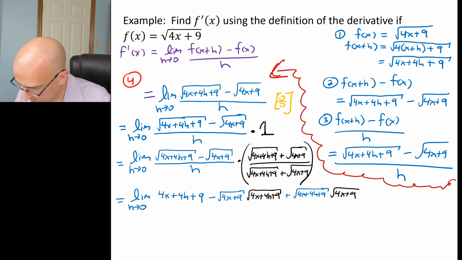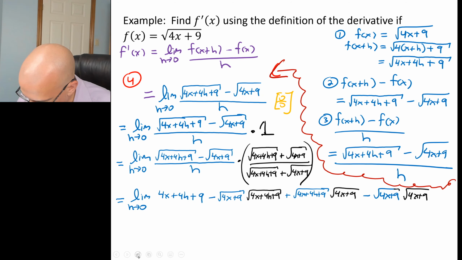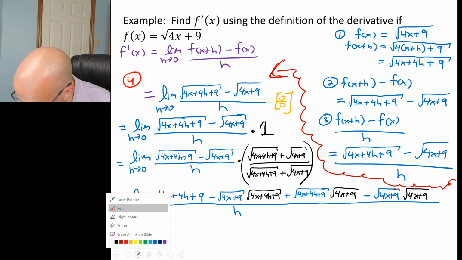And then the last times last, so minus square root 4x plus 9 multiplied by square root 4x plus 9. All divided by h times the square root stuff.